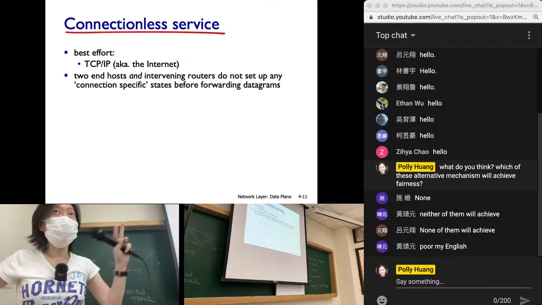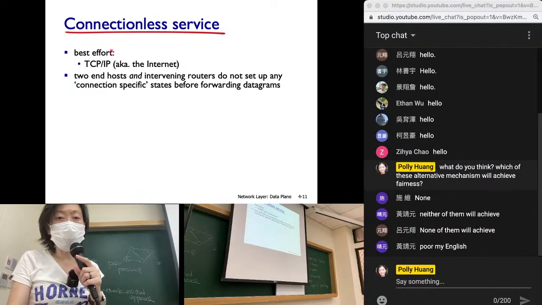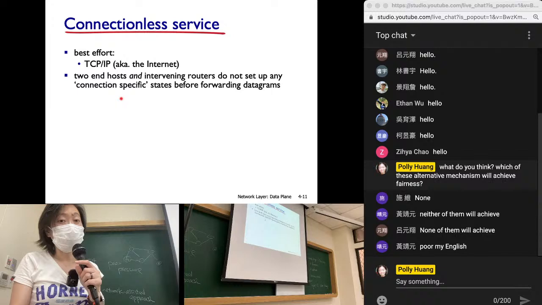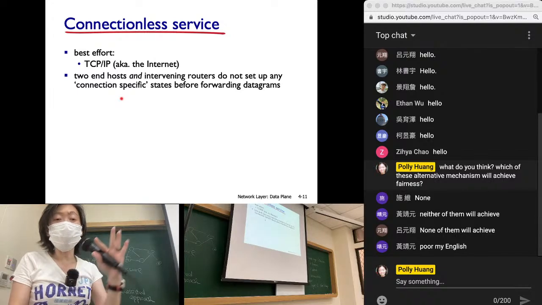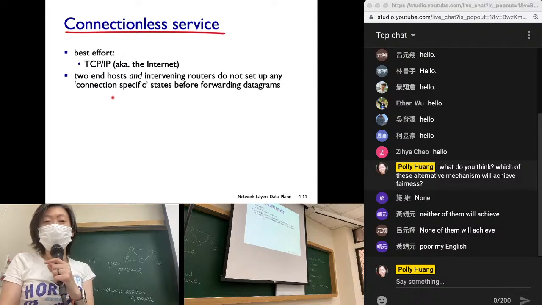So for the two end hosts, including all the routers in the middle, there's no connection being set up ahead of time. So data will just go. Data doesn't need to wait until having a connection being set up like circuit switching. They just go. This is also why internet is packet switching, not circuit switching.